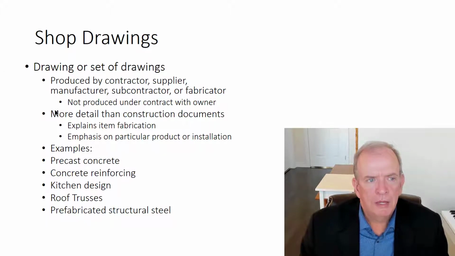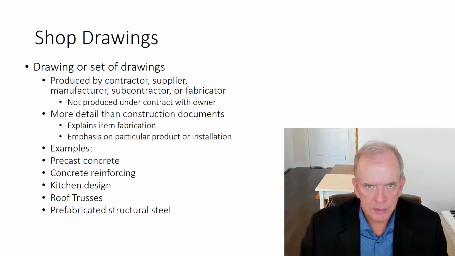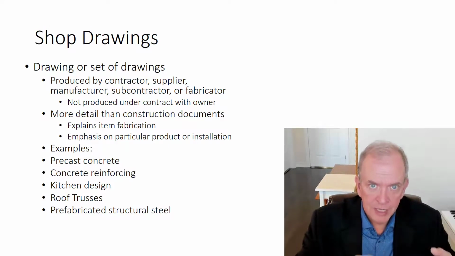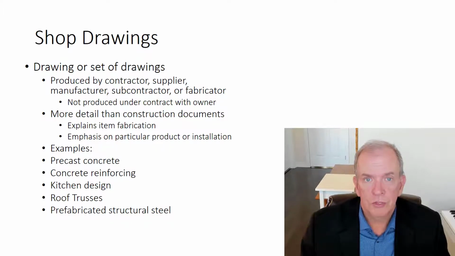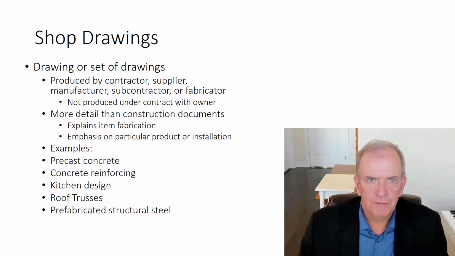So we can think of that from the shop drawings perspective. It has more detail in that sense because it's really that manufacturer's intent as far as the installation process goes. And you're supposed to install it how that manufacturer has indicated, or that manufacturer is not going to take any responsibility for anything. You get the roof trusses from the roof truss supplier, and then you don't go install it, you use brackets or hangers that are supplied by somebody else, and they don't have the same structural strength.